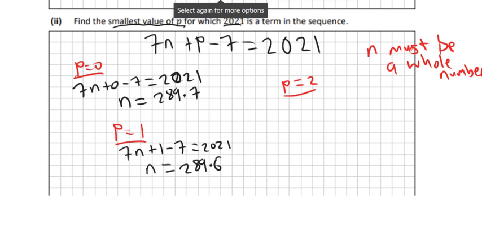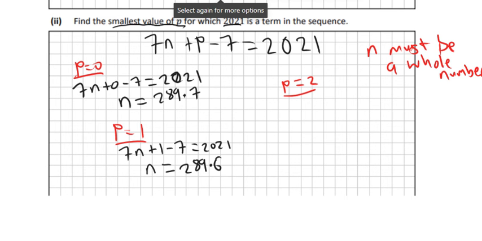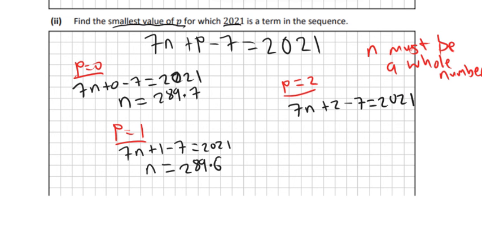If you sub in 2, so 7n plus 2 minus 7 is equal to 2021. I'll bring across the minus 7, it becomes plus 7, bring across the 2, it becomes minus 2, and then divide by 7 at the end.